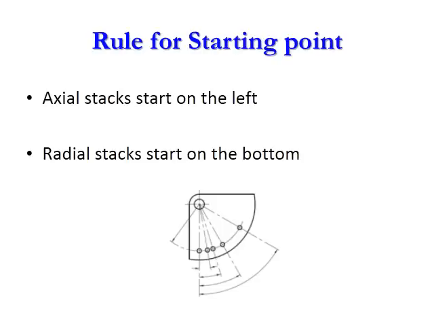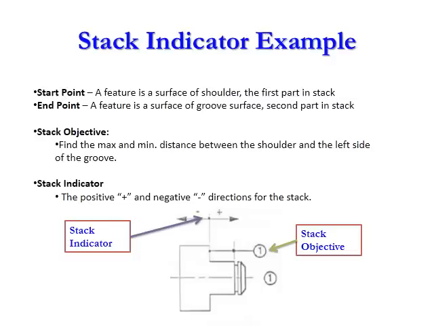Rules for starting point. Axial stacks start on the left, radial stacks start on the bottom. Stack indicator example. Start point: a feature, the surface of the shoulder. That is the first part in the stack.